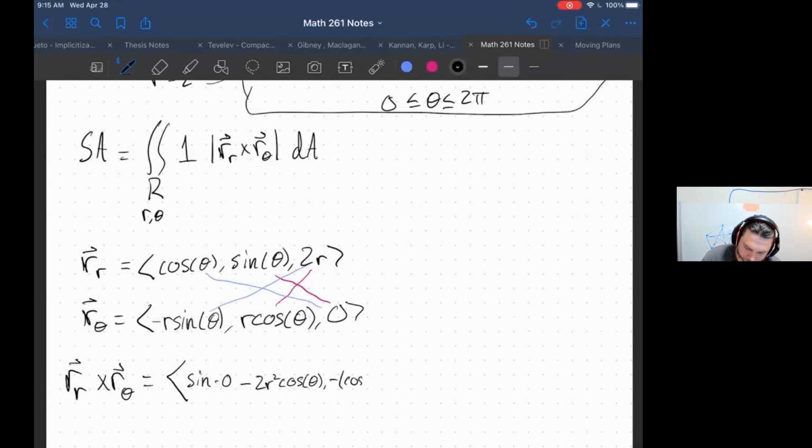So we get a cosine times 0 minus a negative 2r squared sine of theta. And then for the last term, we get a 1 times 2 minus a 2 times 1. Our cosine squared minus a negative, so we'll just do a plus there. R sine squared.